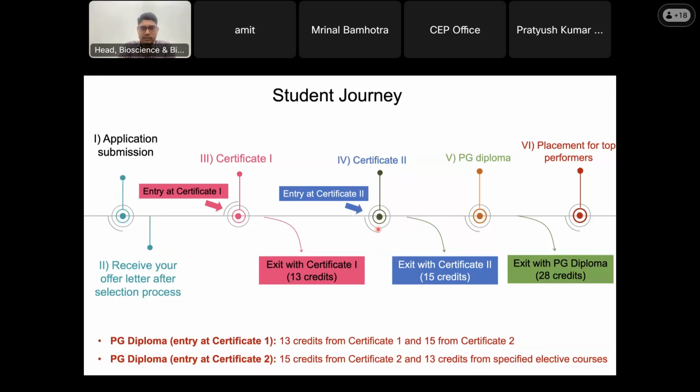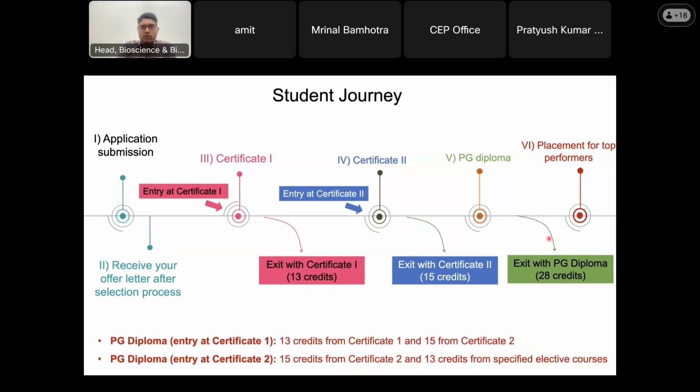For that you have two options: either you exit with your certificate 2, so you complete 15 credits and then you exit, or you additionally earn 13 credits from the specified elective courses, so that in total you earn 15 plus 13, that is 28 credits, and then you can also obtain the PG diploma. So there are multiple options available, depending on your need.